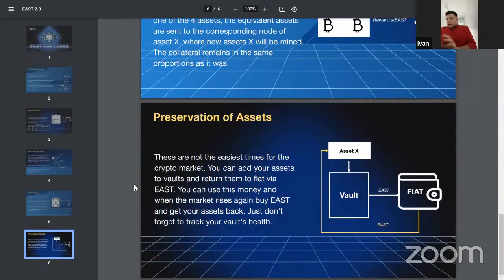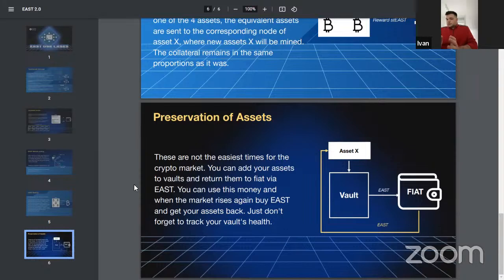And then when you know that something has changed and the market is growing now, you can buy this ETH, return it to your vault, close the vault and take away your assets, which now can be worth more.